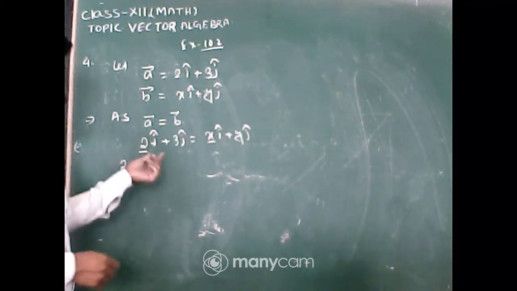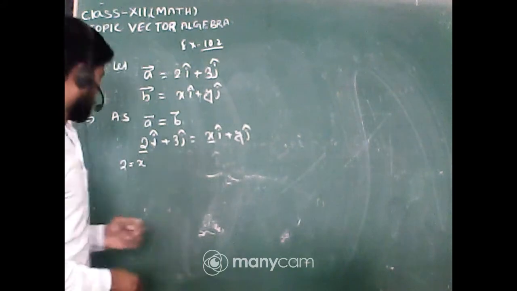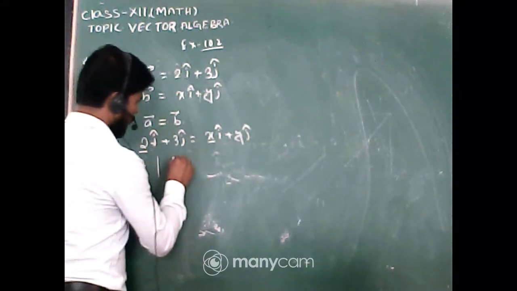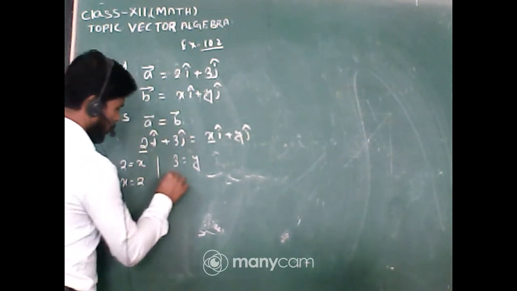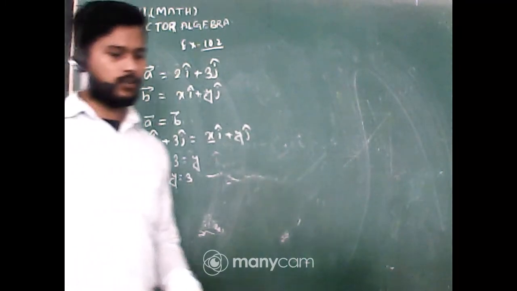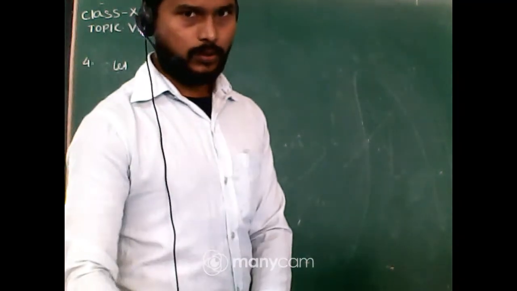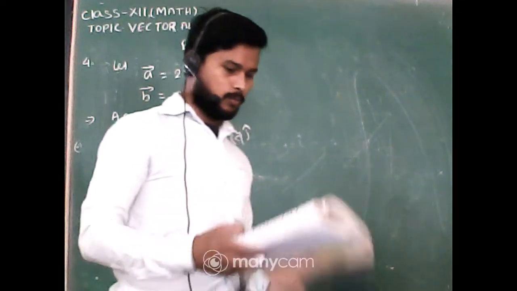Component of i in the left hand side is equal to component of i in the right. So 2 is equal to x and 3 is equal to y. So the value of x is 2 and the value of y is 3. Okay, so move to the next question.